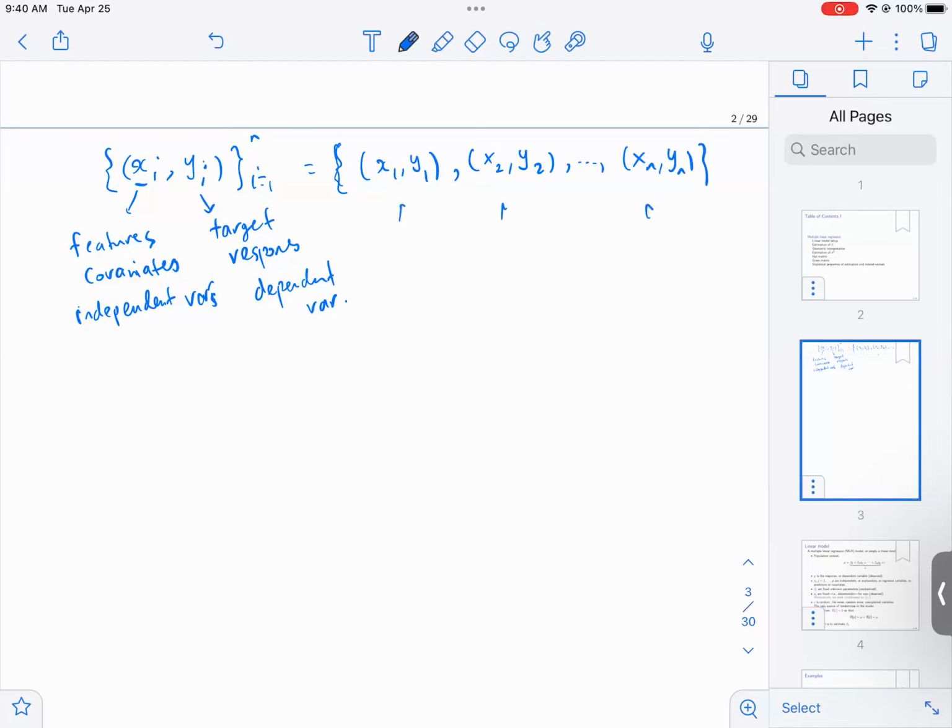There are a lot of other cases, but so this n, what is n called? Sample size. So n is the number of observations that we have, and it's the sample size.